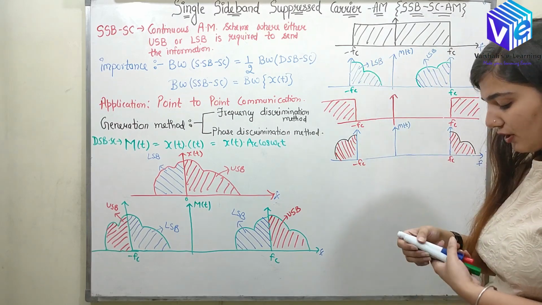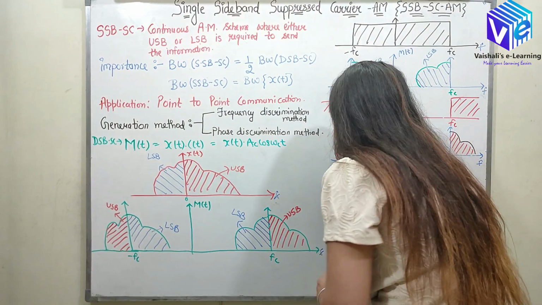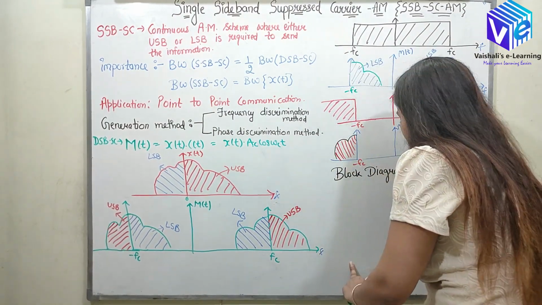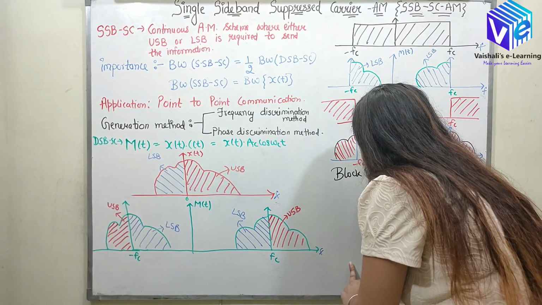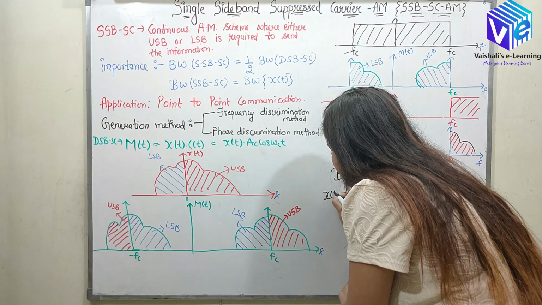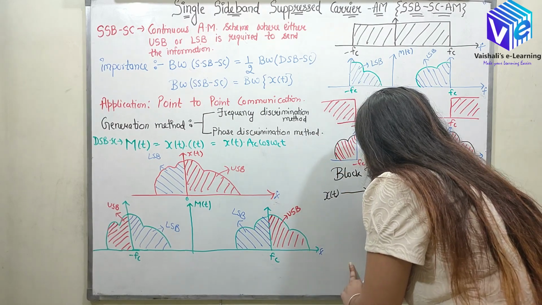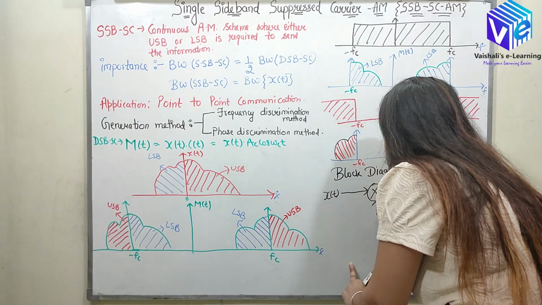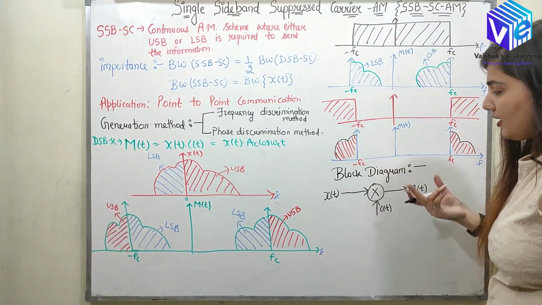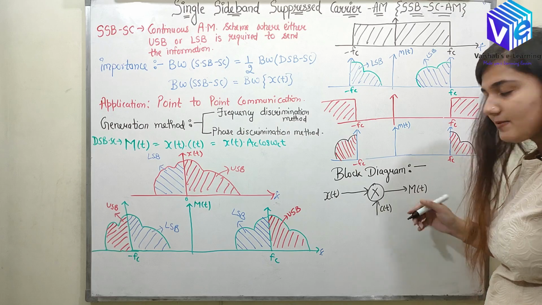So now if I talk about the block diagram for the generation. So here I have a modulator, product modulator, from where my message signal x(t) is multiplied by carrier signal c(t), and I'll get the double sideband suppressed carrier. So this was the modulation of double sideband suppressed carrier.